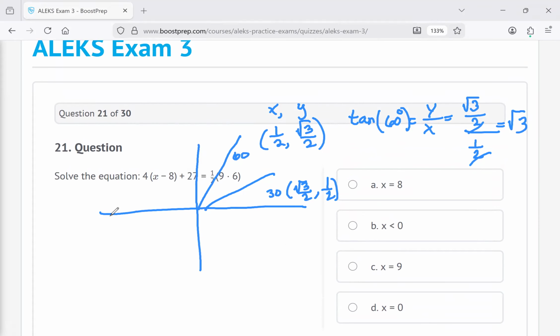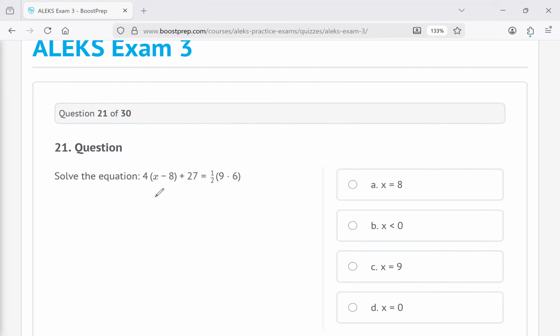Question 21. Solve. We have 4 parentheses x minus 8 plus 27 equals 1 half times 9 times 6. So let's do the parentheses real quick. 9 times 6 is 54, I believe. Yeah, it's 54.